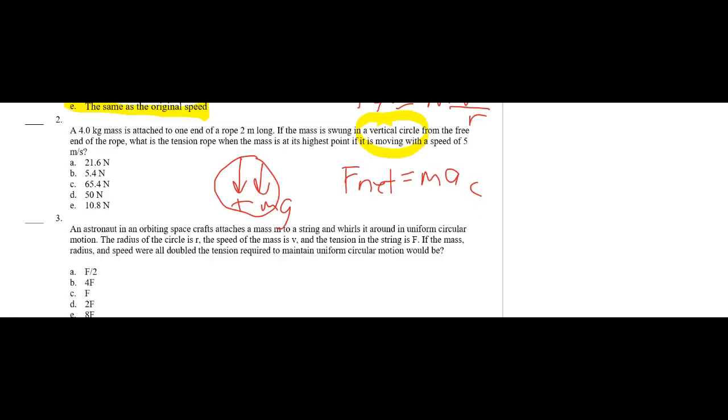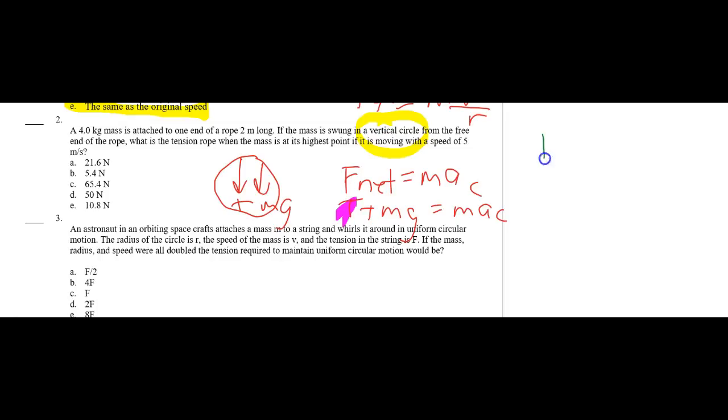So we're looking for the tension. Well, we know toward the center of the circle is positive, so tension plus mg equals m a c. Can't cancel out masses because there's no mass in the tension force. Right? So I'm going to have to solve for T anyways.